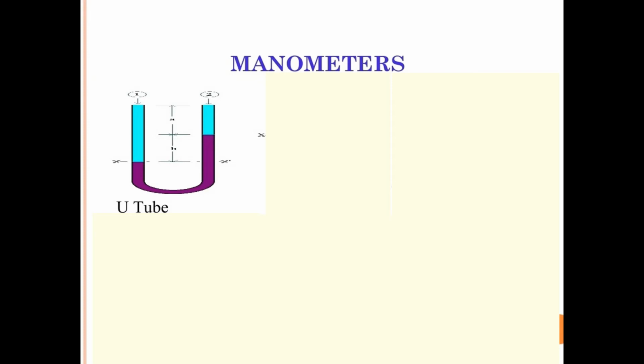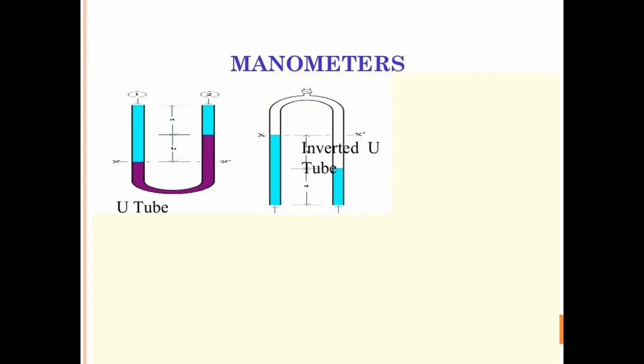So as one example of the instrument to measure pressure, we have several types of manometer. First, we have a U-tube wherein we can measure the column difference on both sides of the tube. So the U-tube can also be an inverted U-tube.